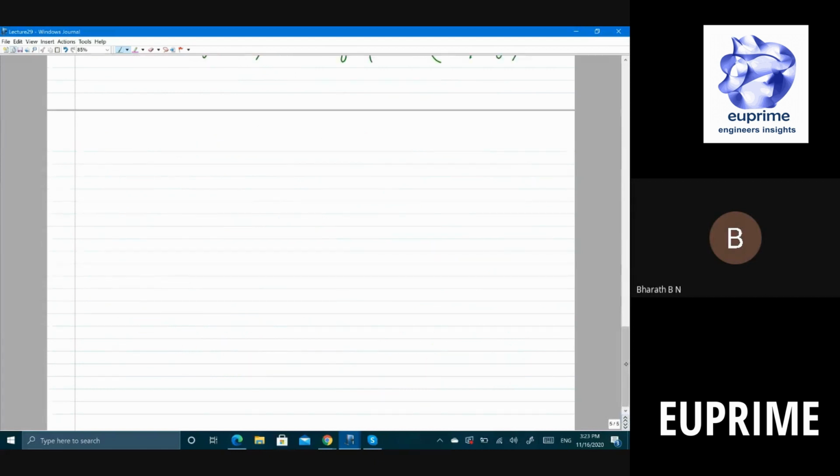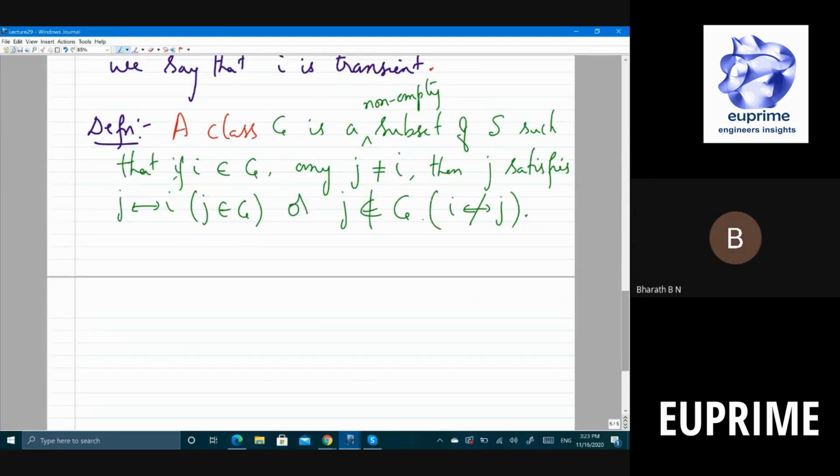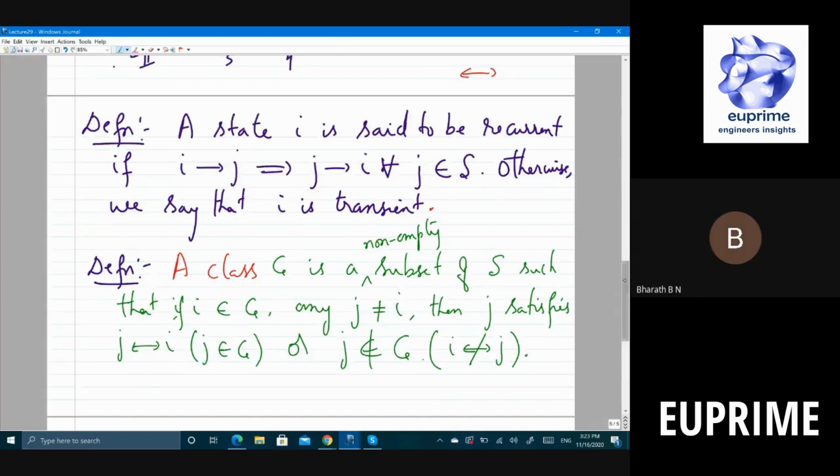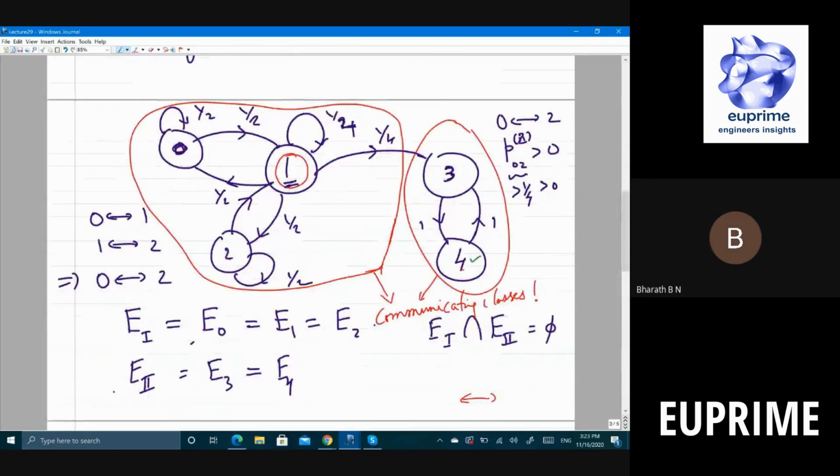Do you agree? Think of it in terms of pictures. If a state belongs to that particular class, then it can communicate with all the other nodes in the class, and it cannot communicate with the neighboring ones. So for example, you look at 4. 4 can communicate with 3, but cannot communicate with 1 or 0 or 2 because there is no path there.